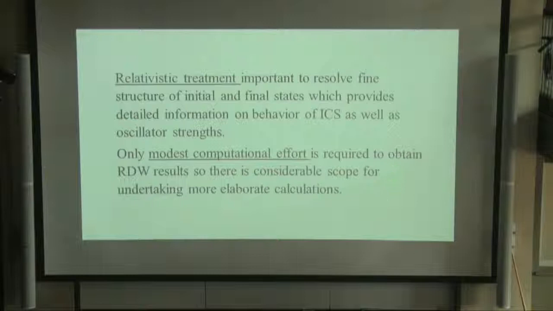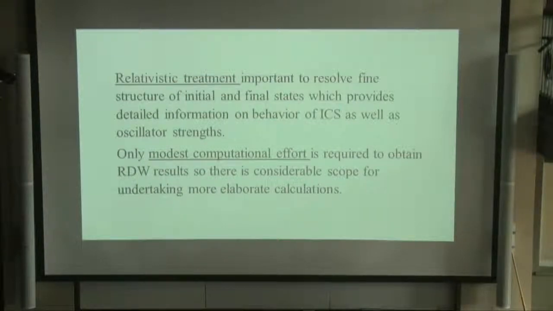The other thing is, what about the actual relativistic distorted wave? In other words, calculating the distorted waves themselves, doing the integration of the T matrix. Well, again, this could be run on a PC in a few minutes. So in that sense, it's really quite a minor computational effort. That's for one transition.